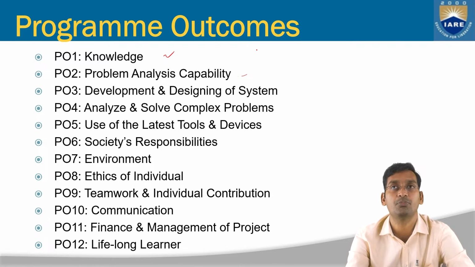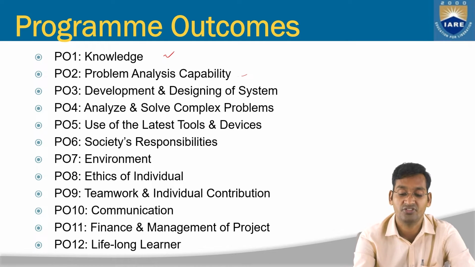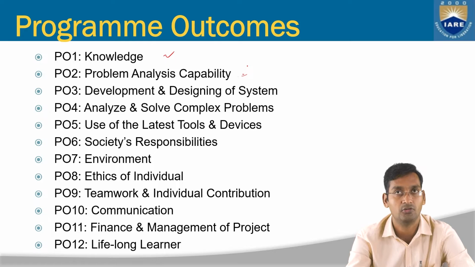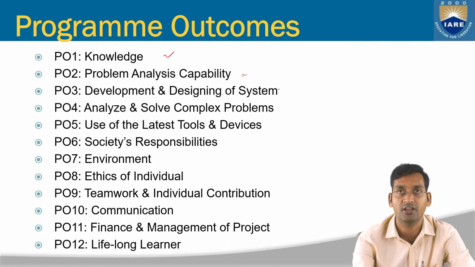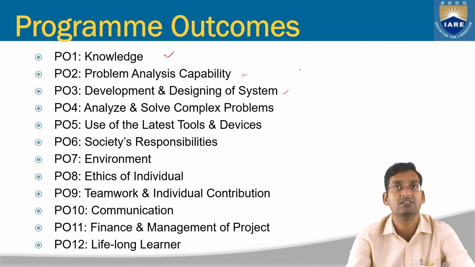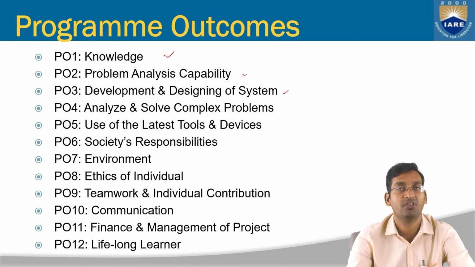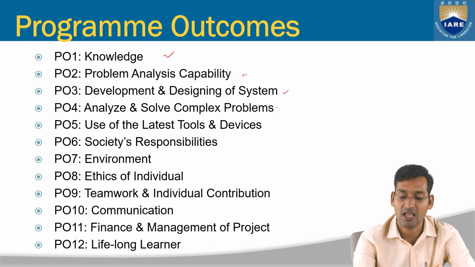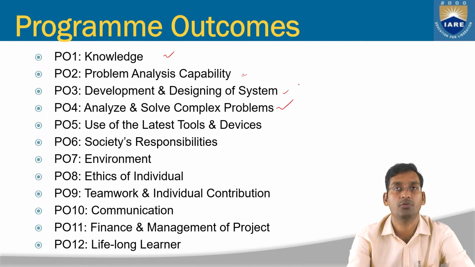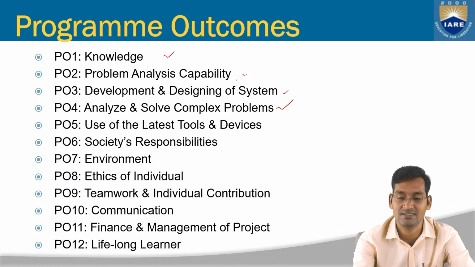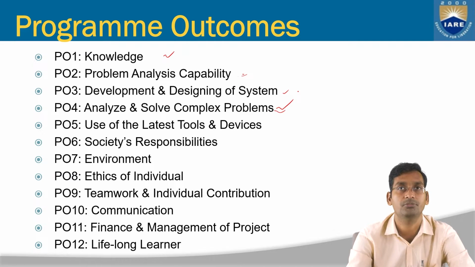So they can analyze the problem, what type of problem is there. Then development and design of the system. Once they know the problem, then it is required to solve it. So for that, development and designing of the system is required. Once they have that, then analyze and solve the complex problem. So if the problem is complex, first analyze.